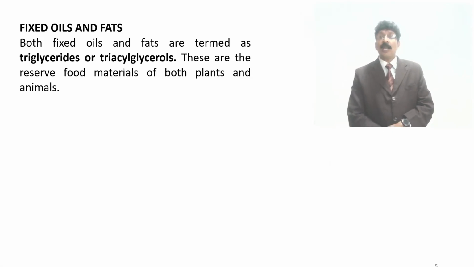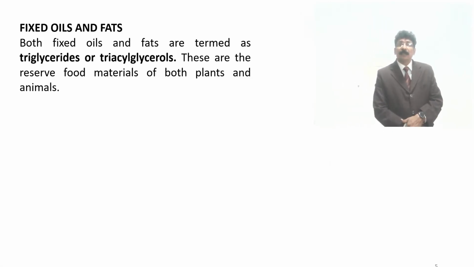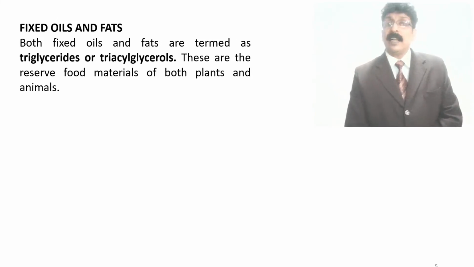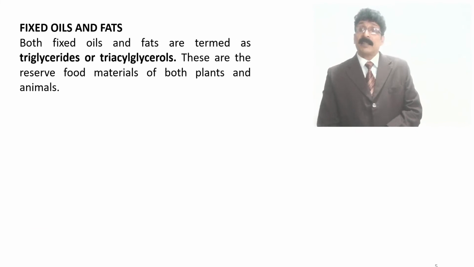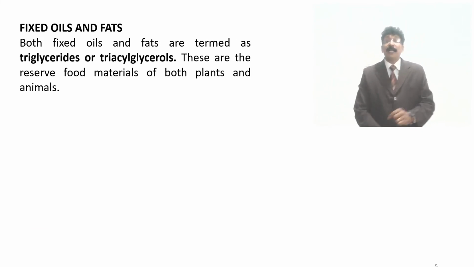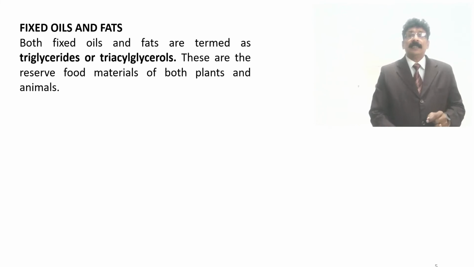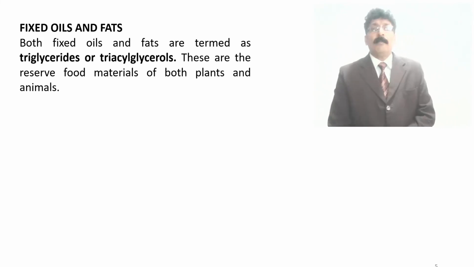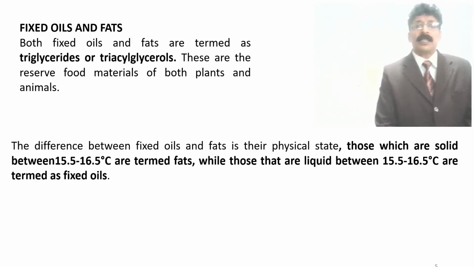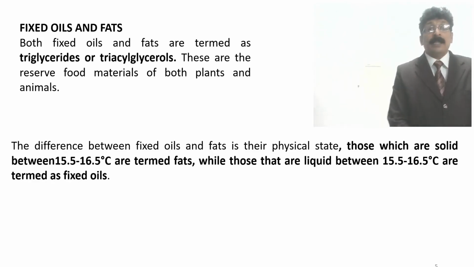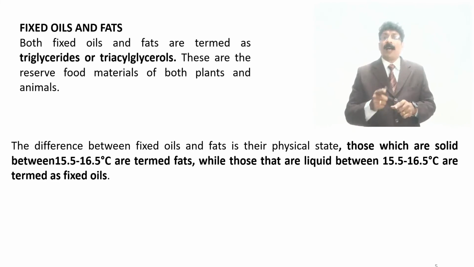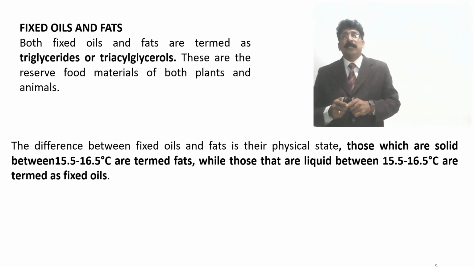Fixed oils and fats. Both fixed oils and fats are termed as triglycerides or triacyl glycerols. These are the reserve food materials of both plants and animals. The difference between fixed oils and fats is their physical state.